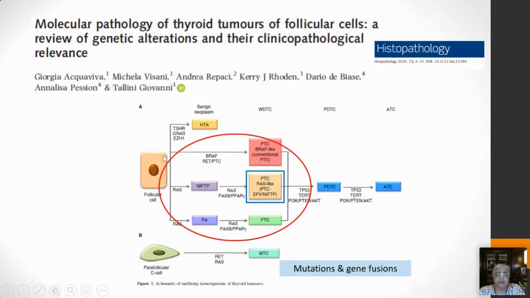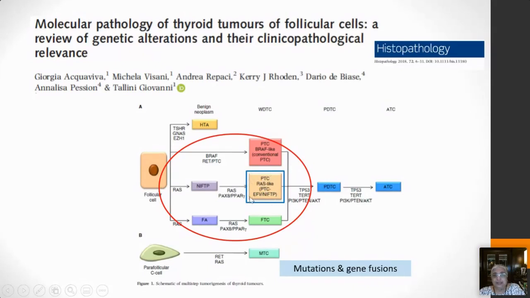Now, when the follicular cell undergoes a RAS mutation, two things can happen. It can show the features of an NIFTP, or it may show the features of a follicular adenoma.